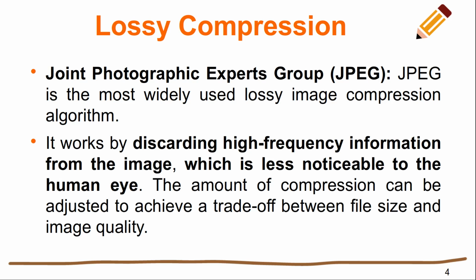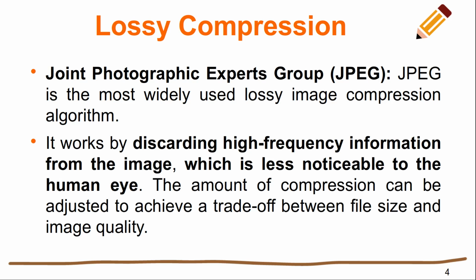That means high frequency information is removed because it is less noticeable to the human eye. If you see the images, some parts are not important, so that part will be discarded or removed. Then only we can achieve good compression.